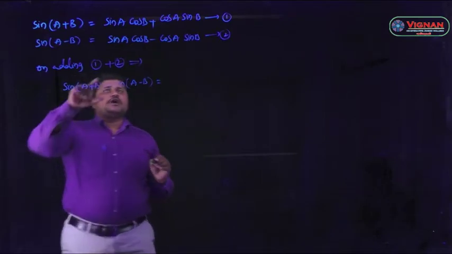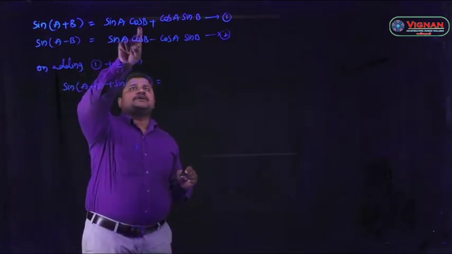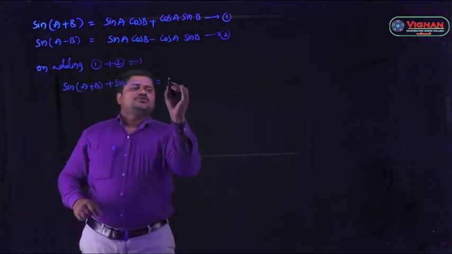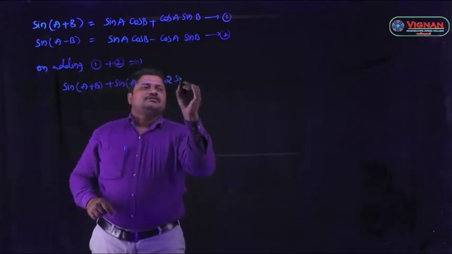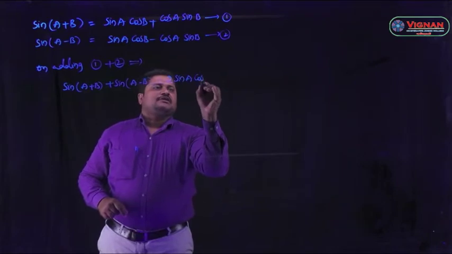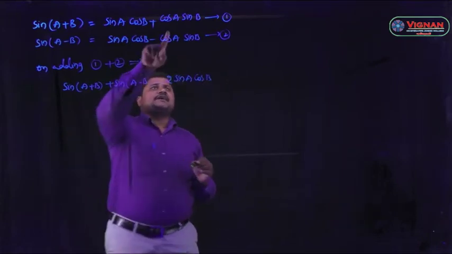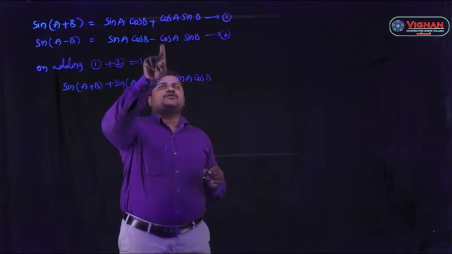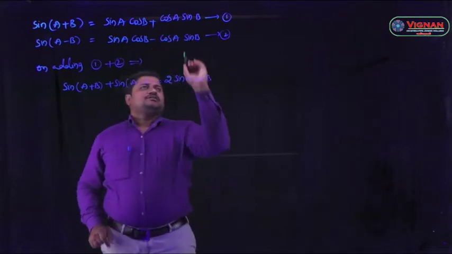Adding the two formulae, sin a cos b here and also here sin a cos b, we get 2 sin a cos b. And cos a sin b here is positive, here cos a sin b is negative, so it gets cancelled.